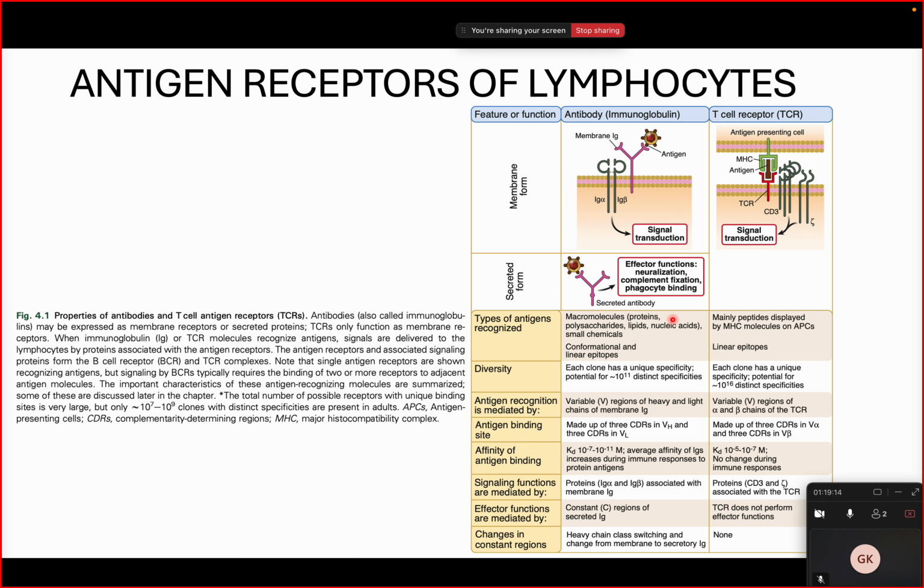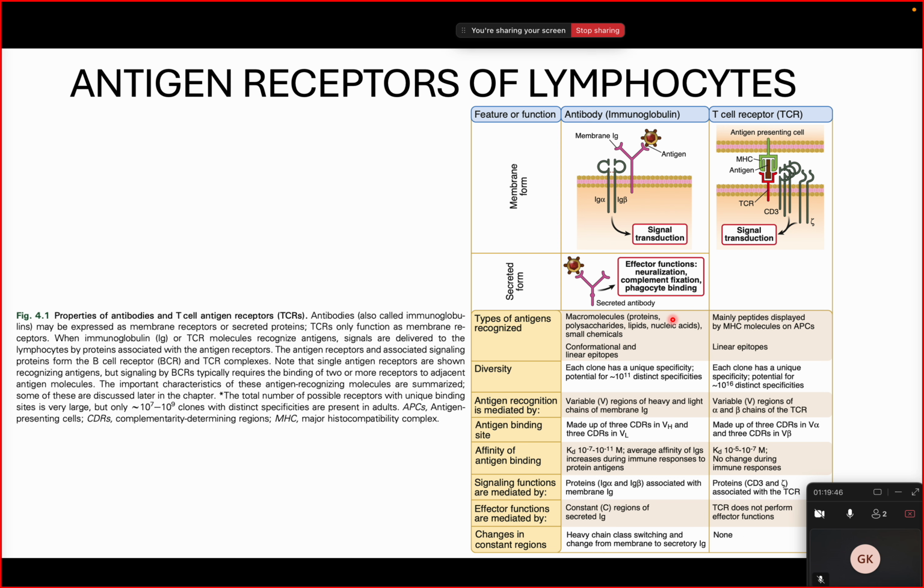And then if we talk about the T cell receptors, which is the non-secretory part of T cell, we mainly have peptides displayed via MHC, a major histocompatibility complex. They are again receptors on antigen presenting cells. Okay. And they always have linear epitopes because they are recognizing the processed antigen. They are not recognizing the whole antigen as it is.